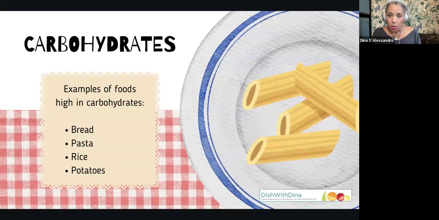The first thing, carbohydrates. Now, I just want to caveat this by saying all foods have some sort of each one of these three macronutrients in them in some sort of ratio. So if we make sure that we do have a balance and a variety of things, then you should be hitting about what you need in each one of these categories.